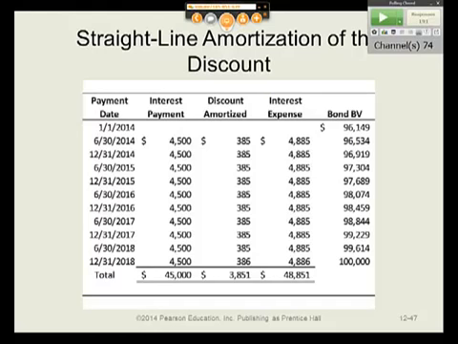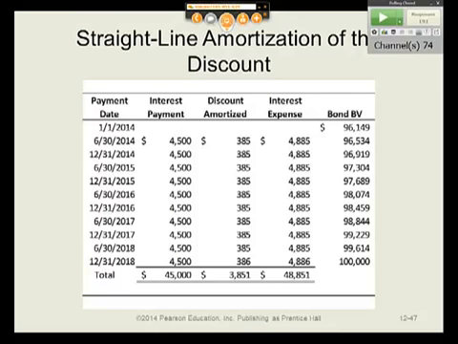And this will continue, and if you look at the amortization table, this will continue until the bonds are brought up to par value at maturity. So that every period, interest expense goes higher by $385, and the bonds will go up by $385.